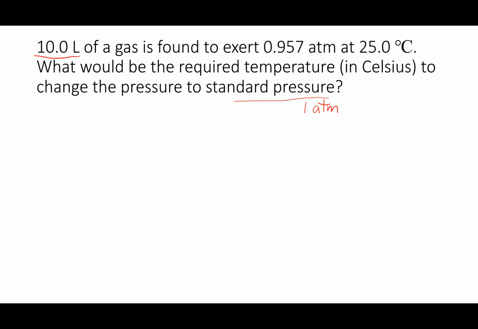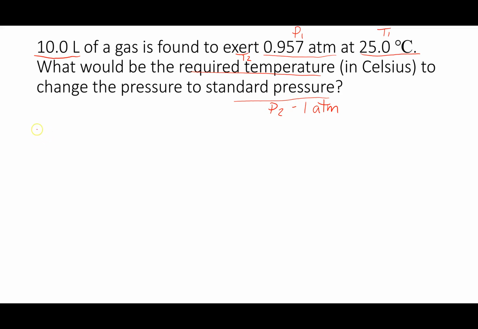Really, we are looking at a change between atmosphere, which is our first pressure, a temperature, which is our first temperature. We are looking for the required temp, which is T2, knowing that we're going to go to P2, which is our pressure.